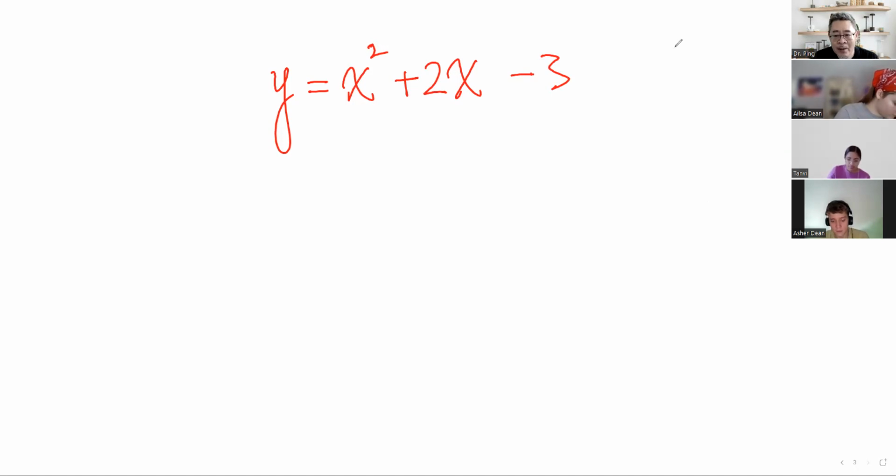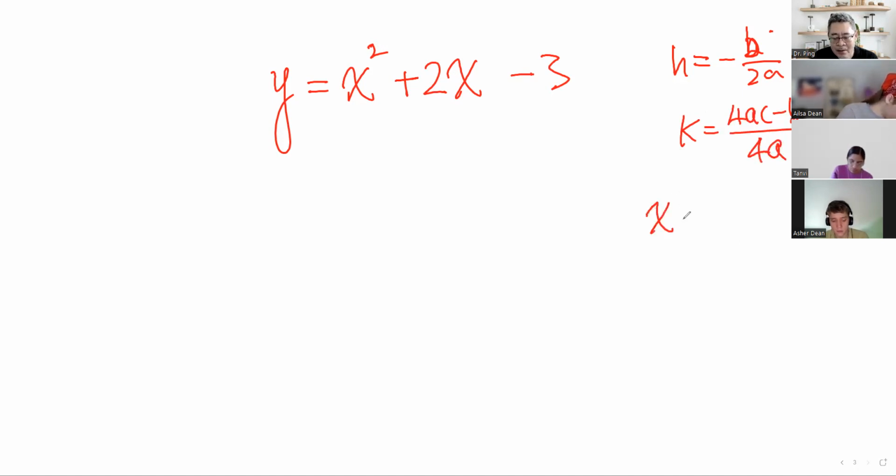So let's see what you remember. Our formula h is minus b over 2a. Our k is 4ac minus b squared over 4a. And our x-intercept is also called the roots of the function.